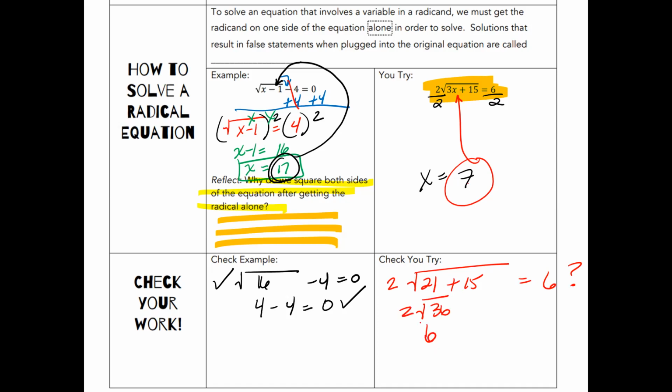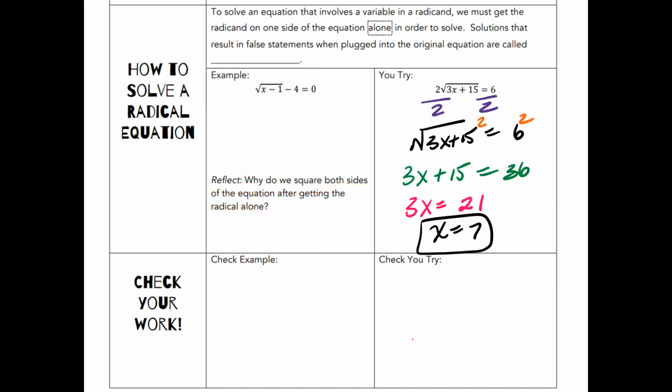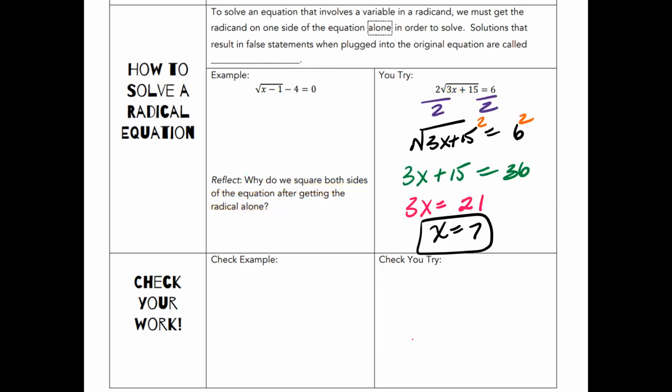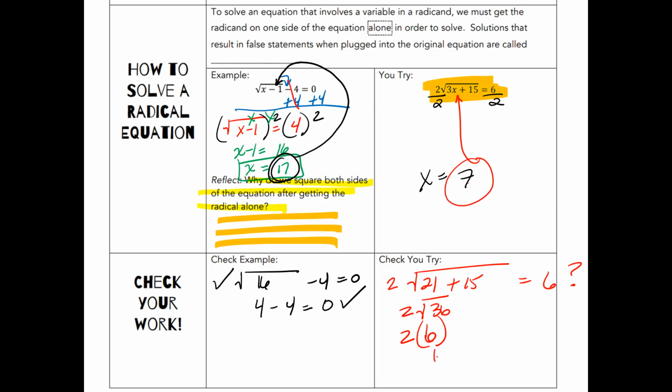The square root of 36 is just 6. Then I have 2 times 6, which is 12. Does that equal 6? It does not.